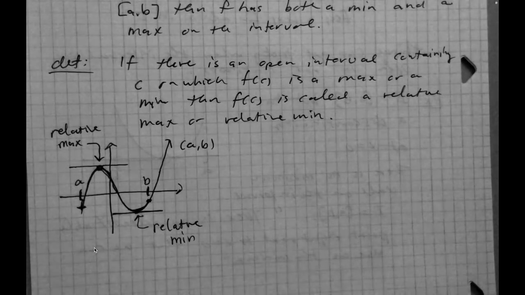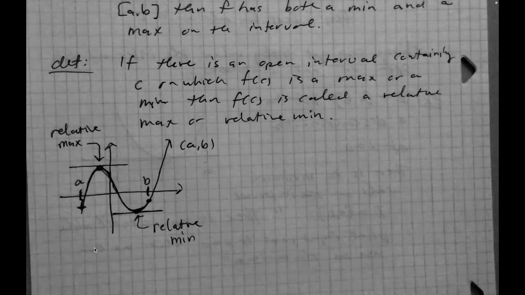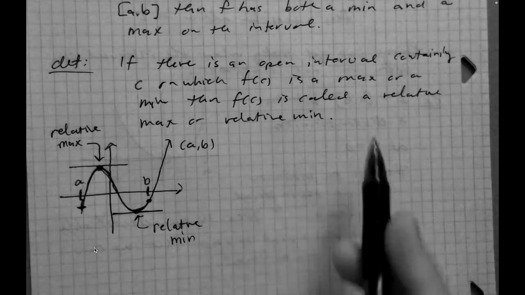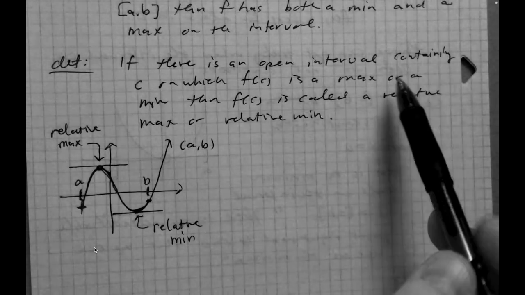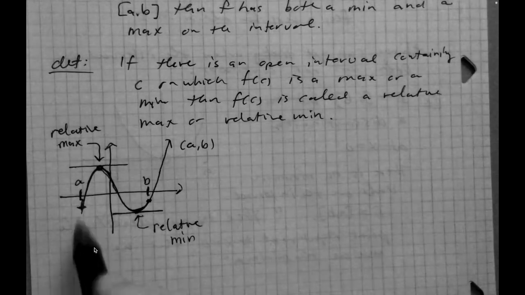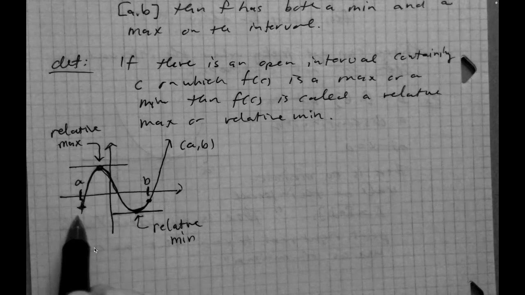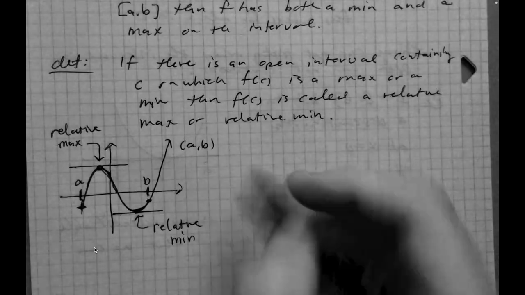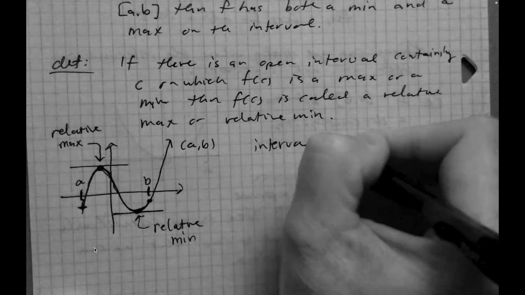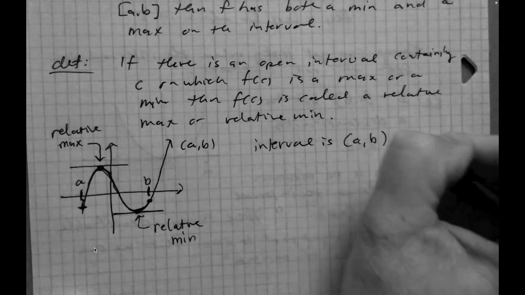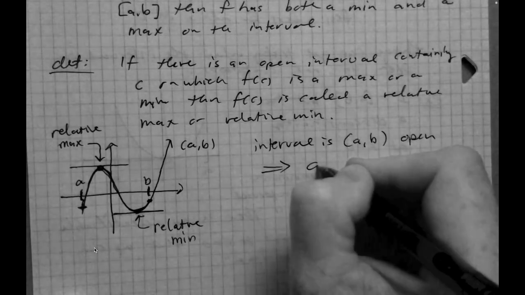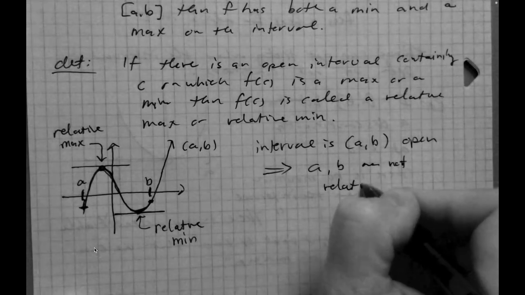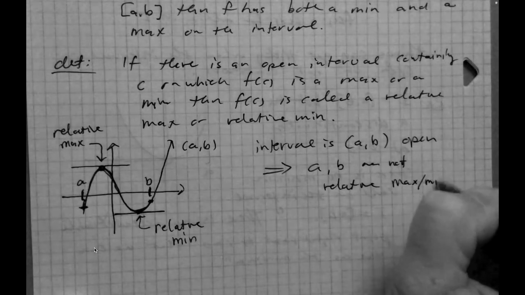The point being that we're talking about an open interval here. And so that's fine. Basically, what the open interval concept excludes is the possibility that the max or min is going to be at an endpoint. So if the interval (a, b) is open, that means that a and b are not relative max or min, because they're not in the interval.